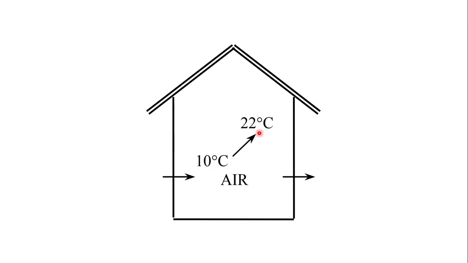So the first thing is to determine the amount of heat which is absorbed in order to increase the temperature from 10 to 22 degrees centigrade, and the dimensions of the house are also given in the question statement, that the floor area is 200 meter square and the average height is 3 meter, right? And the second thing is, you have to determine the cost of electricity that is being used to increase the temperature from 10 degrees centigrade to 22 degrees centigrade.